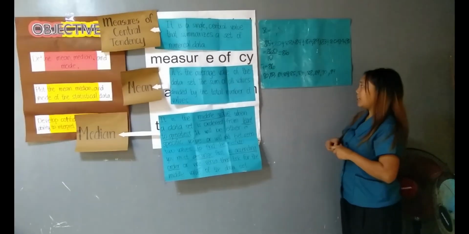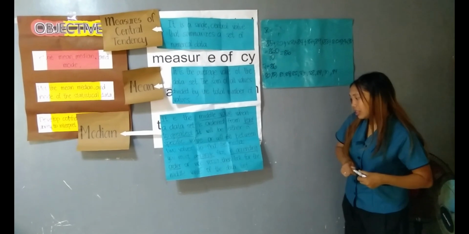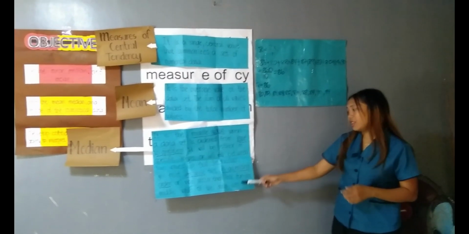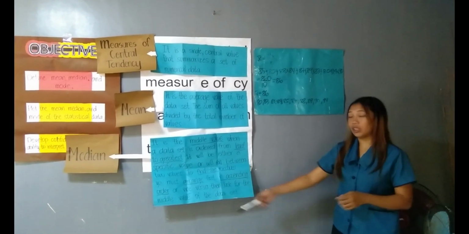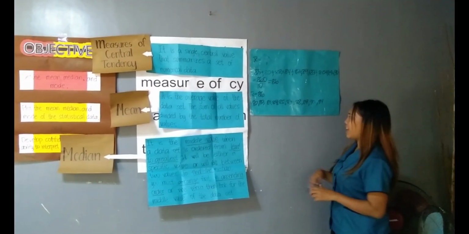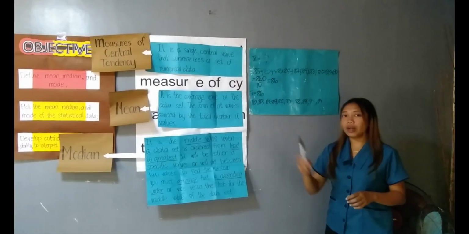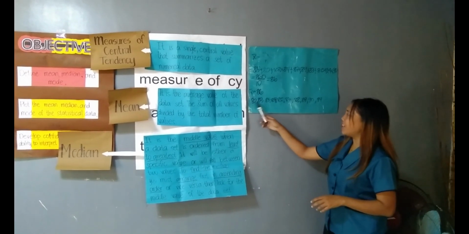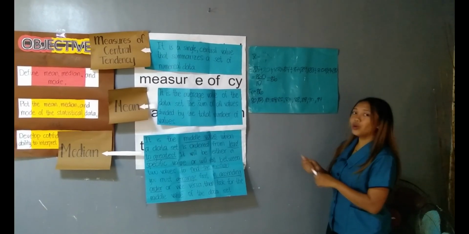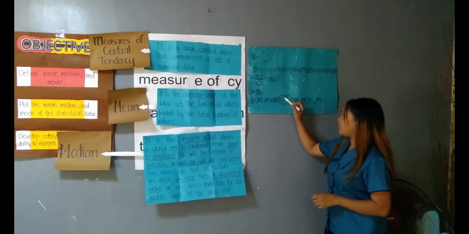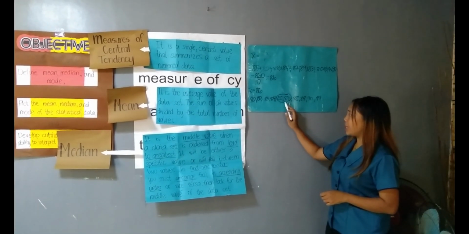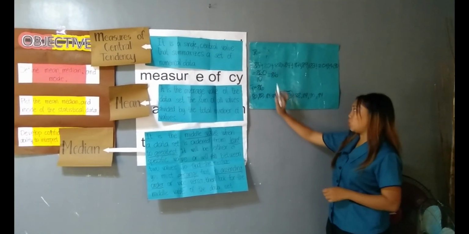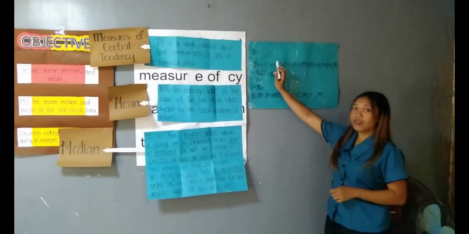So to find the median, we arrange it in ascending order and then look for the middle value of the data set. So unsa man ang middle value niya? The middle value of 10 is 5.5. So 1, 2, 3, 4, 5. So naa silang duha ang middle value nila. So to get the median here, balik ta sa formula sa mean, which is summation of x over n.